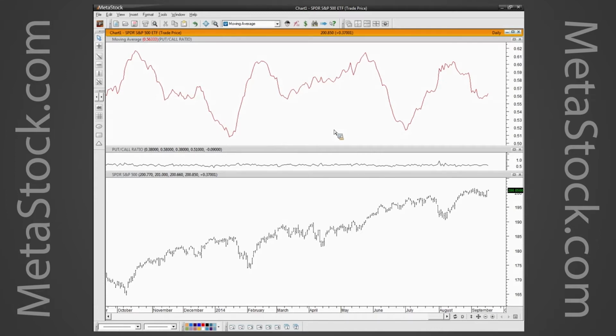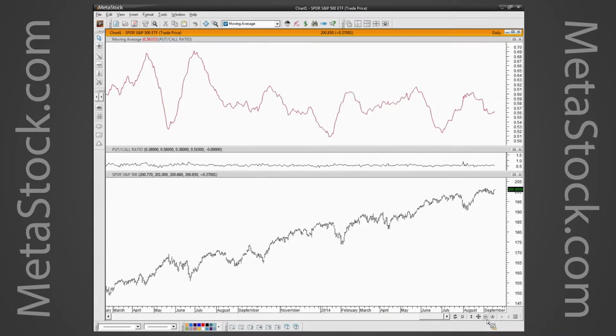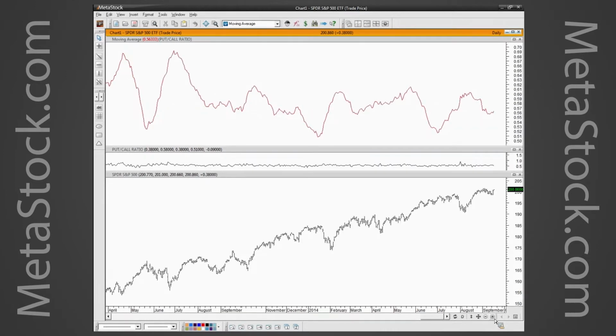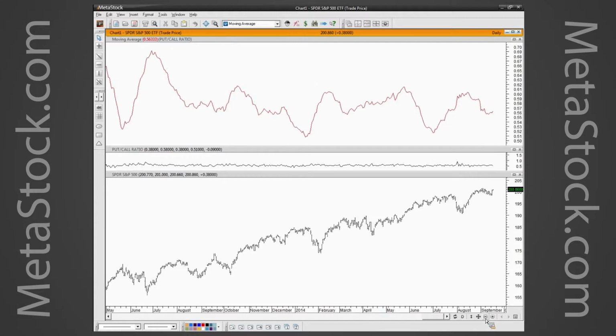And looking at this, if anybody's familiar with the put call ratio, you'll know that it's a pretty common sentiment indicator, or at least a moving average of the put call ratio, and that can be measured many different ways. Right now we're just going with the 21-day.